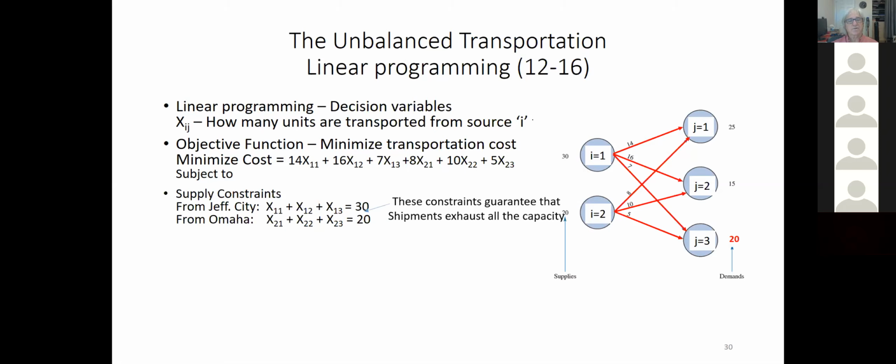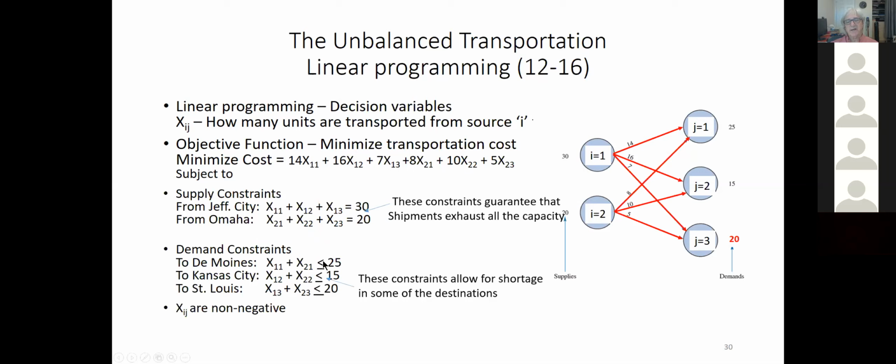Here is how the model looks. The supply constraints are now equal to, but the demand constraints are now less than or equal to. So this way, you have three models for each case. The balanced problem will be fully equal to.